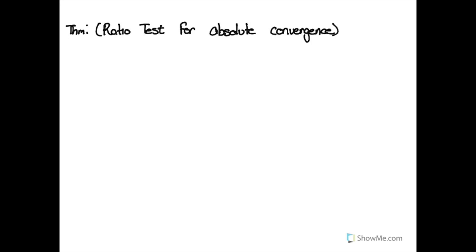And what this test says is, suppose you have a series, the sum of a_k, k equals 1 to infinity, such that none of the terms are 0. So a_k does not equal 0 for all k. So it has to be a series with non-zero terms.